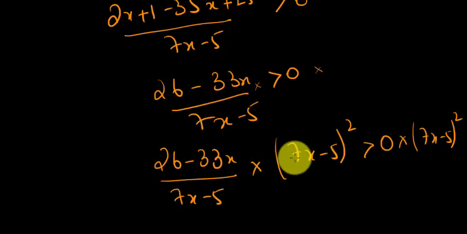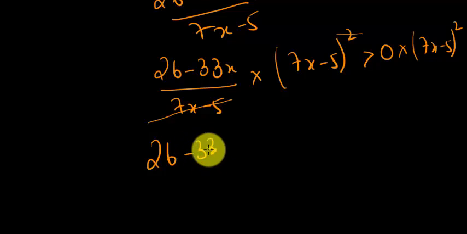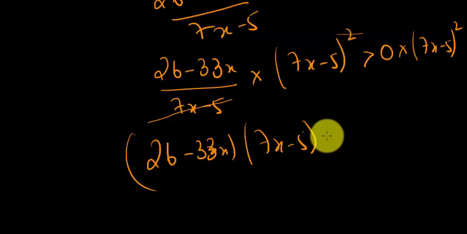Now this being positive, it's not going to have any effect on the inequality. But what is going to happen? This and this will get cancelled. So ideally I'll have (26 - 33x) into (7x - 5) will be greater than 0.